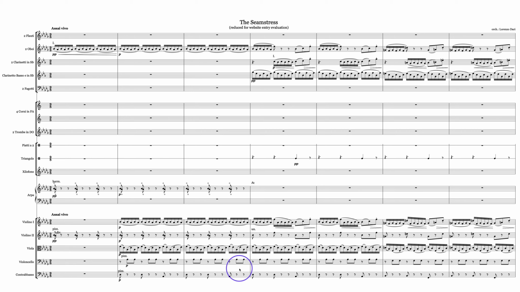And then continuing on. Notice everybody how Lorenzo has broken up the bowing pattern: down, up, down, up, down, up.